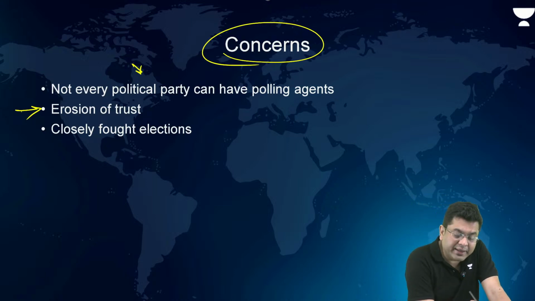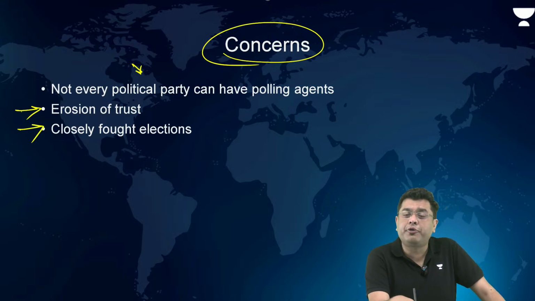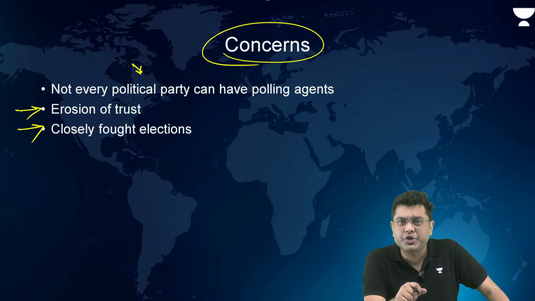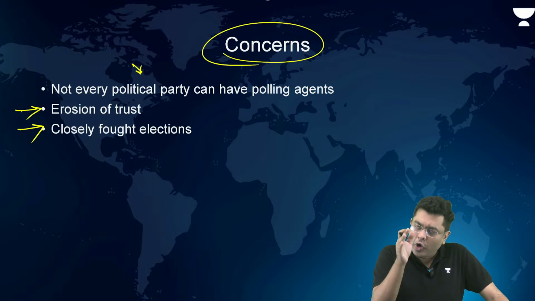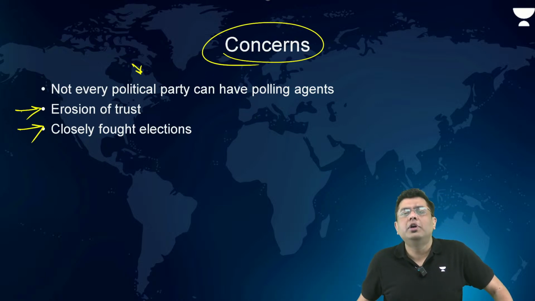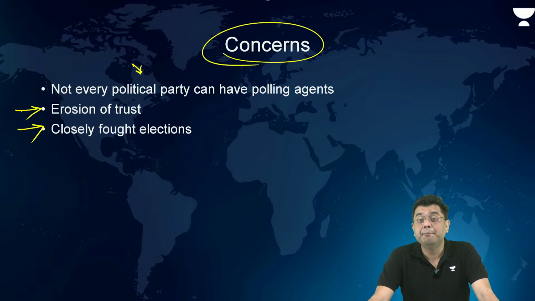So in an era of closely fought elections, this discrepancy can alter the political dynamics and, more importantly, can dissuade and discourage not only the citizens but also the political workers. And we are talking about lakhs of workers here, right?